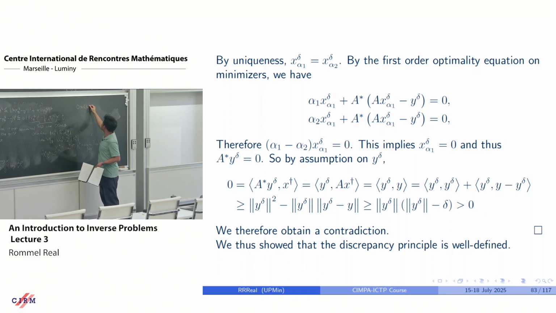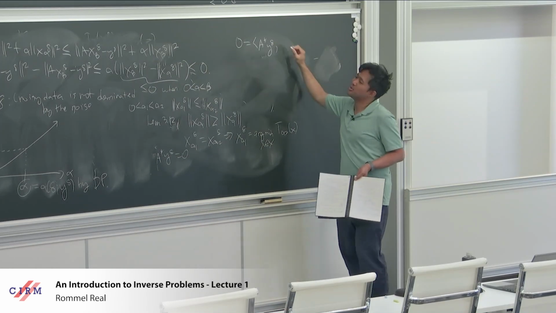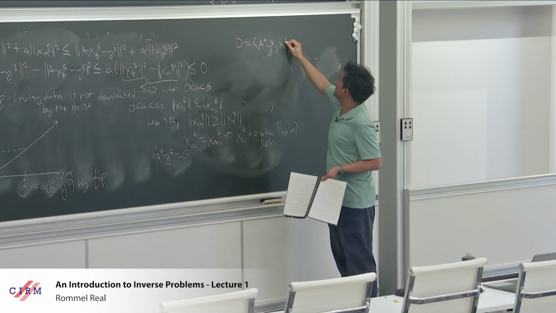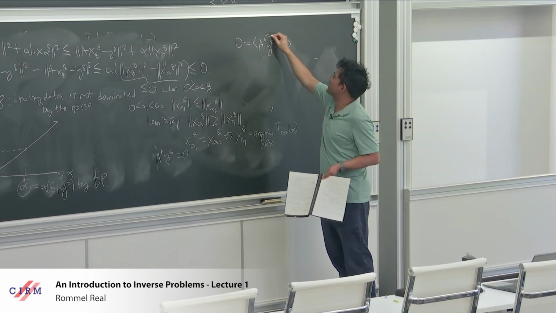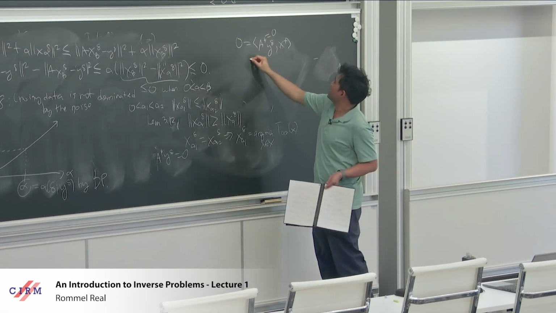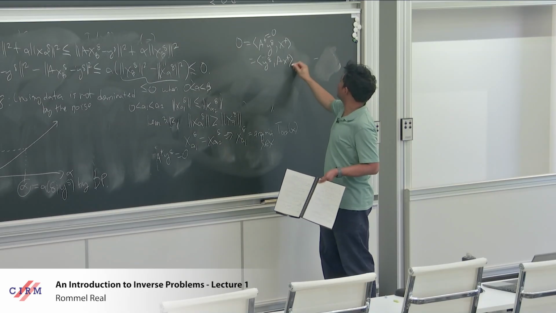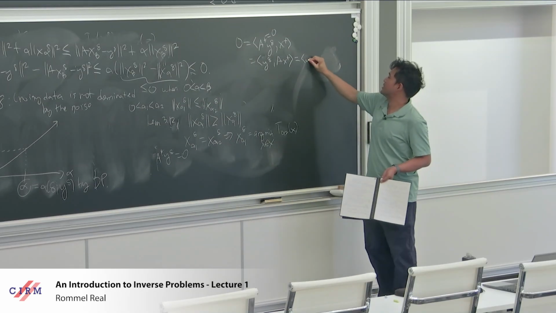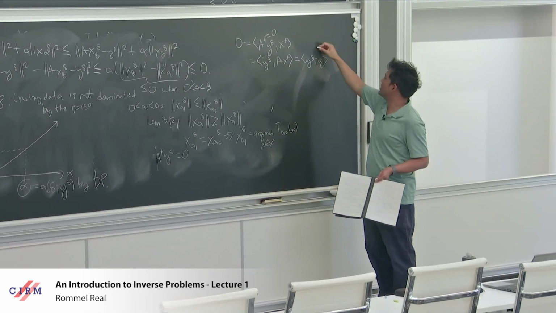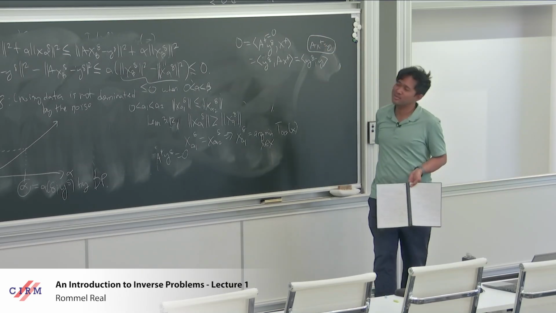Since A star y delta is equal to 0, its inner product with any point, let's say x dagger, must also be 0. And then by applying the properties of the inner product, that's just y delta inner product with A x dagger, but that's just y delta inner product with y. Okay, that's because x dagger is the solution.